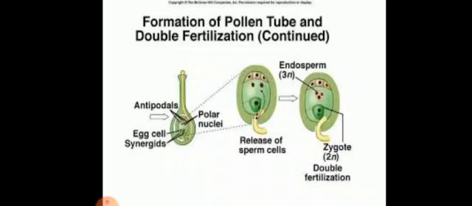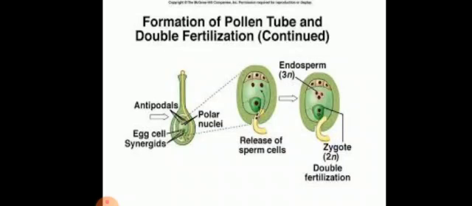Syngamy and triple fusion are two events of sexual reproduction in angiospermic flowering plants. Syngamy is the fusion of a haploid male gamete with a haploid female gamete to produce a diploid zygote.